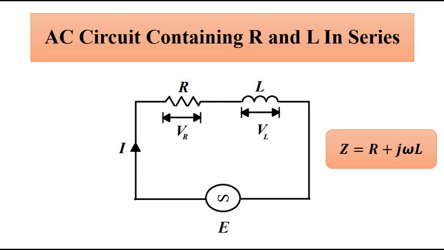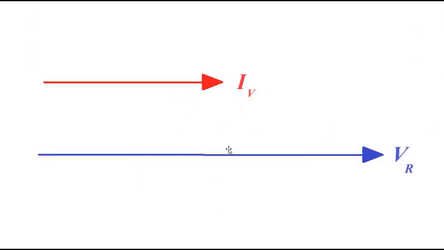Now for a purely resistive circuit, both the voltage and current are in phase. There is zero phase difference between them.